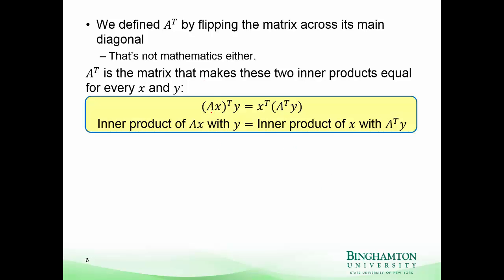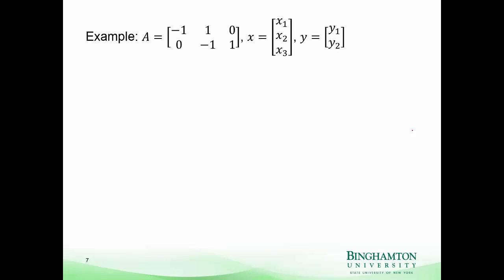So if we take AX, which gives me a vector, what I'm really doing is the inner product of AX with Y, and on the other side I'm doing an inner product of X with this new thing, A transpose, operating on Y. And so mathematicians say we define the transpose of a matrix as precisely that matrix that makes this happen. And again, don't worry why they did that, but they did that.